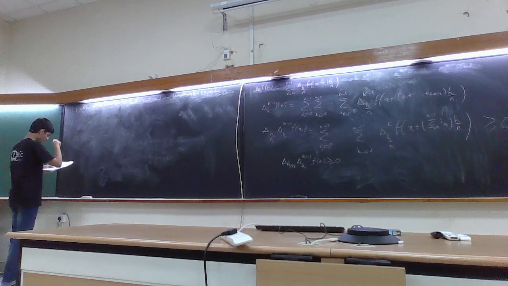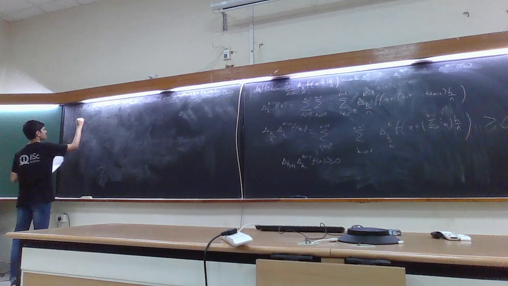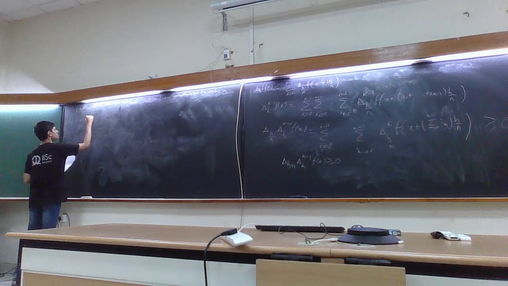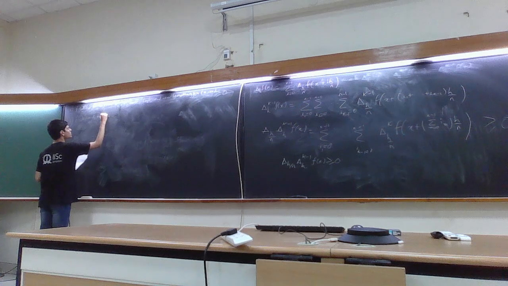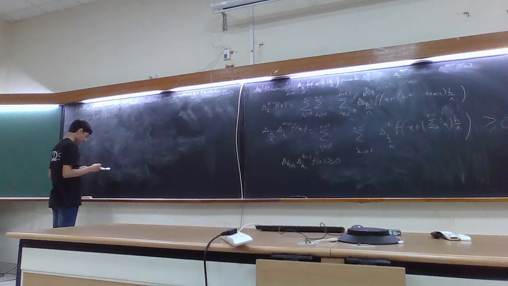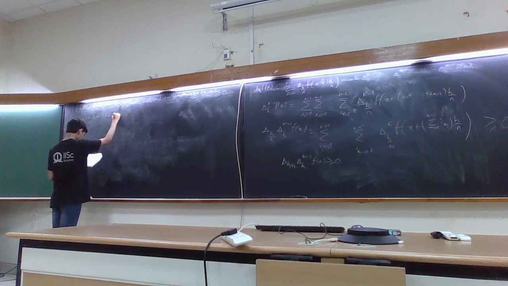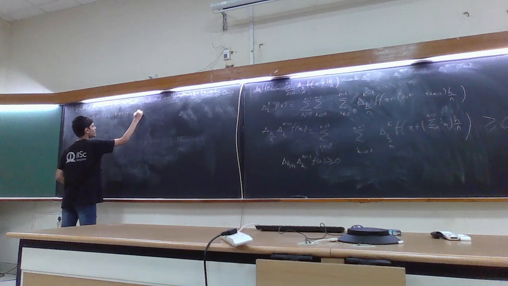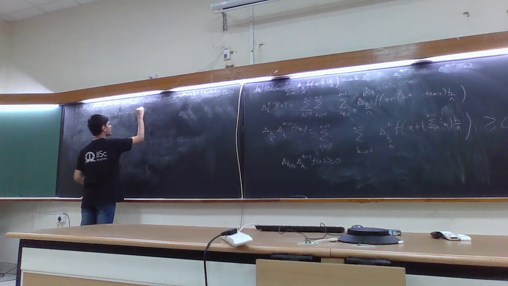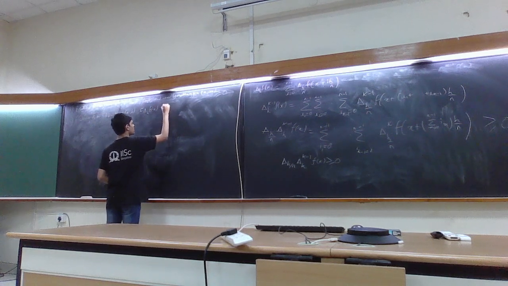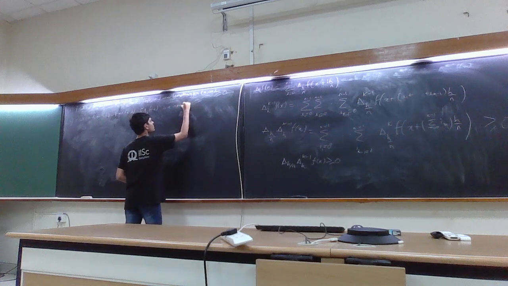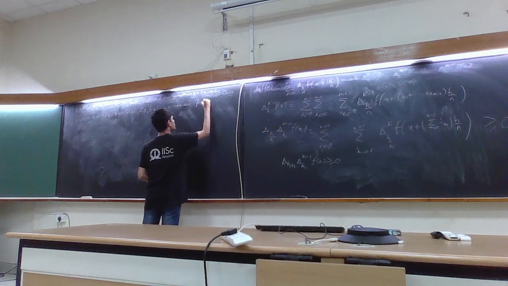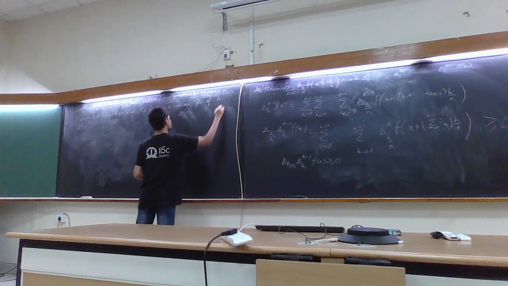So lemma 3 states that again the function f satisfies H2, and for any x belonging to (a, b), the function h inverse times delta h f of x is a non-decreasing function of h.